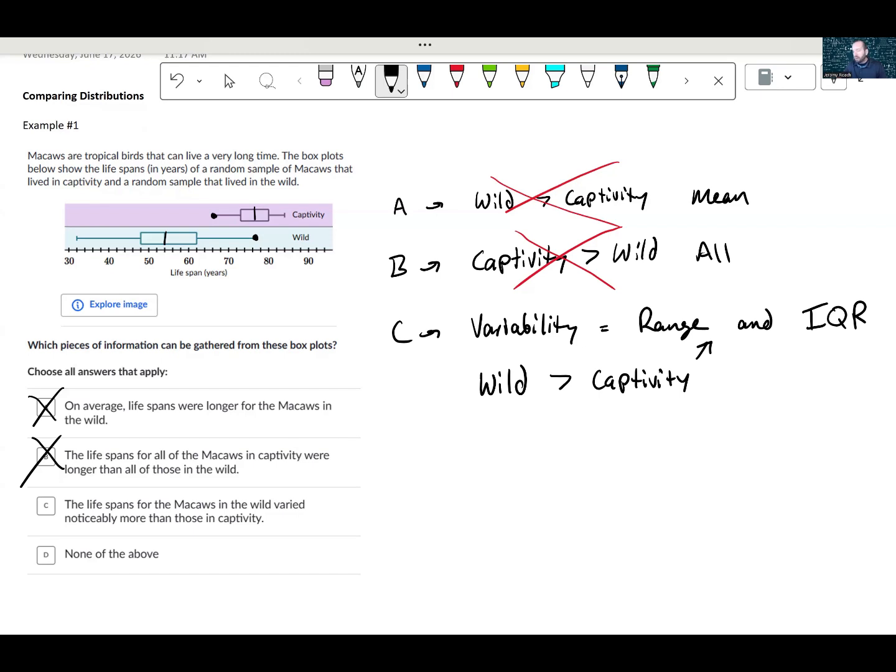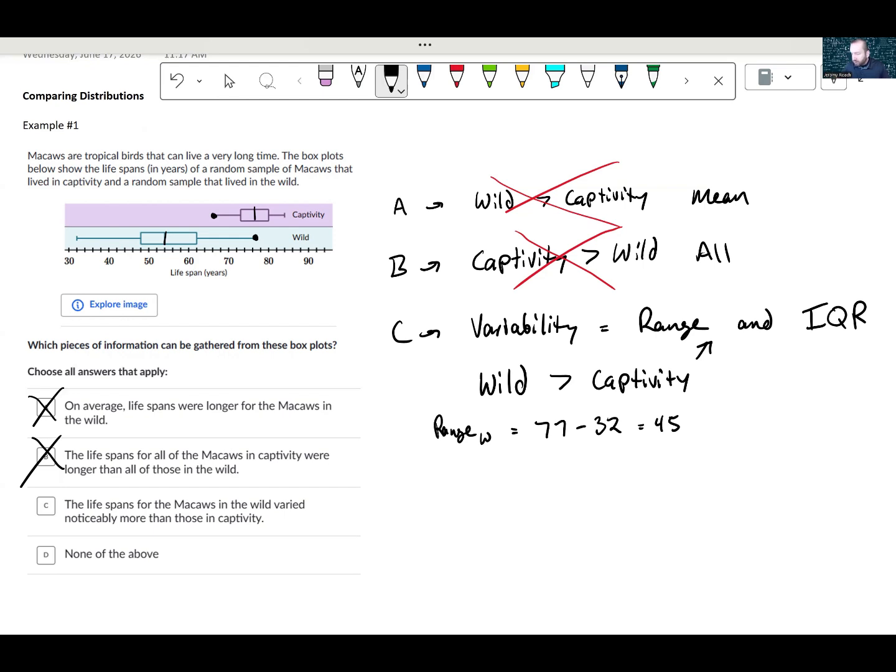So let's take a look now at the variability for those in the wild. If we look at the range, for the range in the wild, it looks like it's from about 77 minus 32. And so we can calculate what the range is, and we get 45 for the range for those birds in the wild.